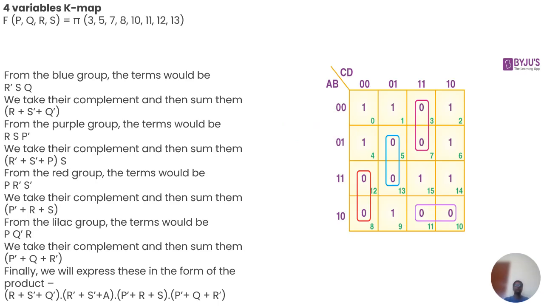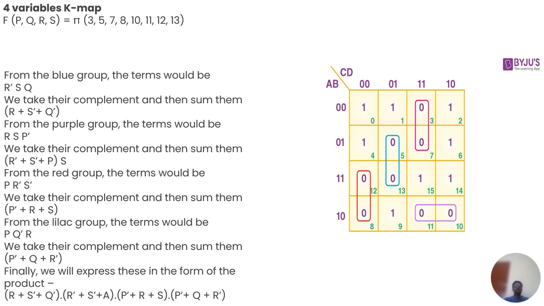Four variables case. The variables are P, Q, R, S, and the terms are 3, 5, 7, 8, 10, 11, 12, 13. From the blue group, the terms would be R dash, S, Q. We take their complement and the sum of them is R plus S dash plus Q dash. From the purple group, the terms would be S, R, P dash.